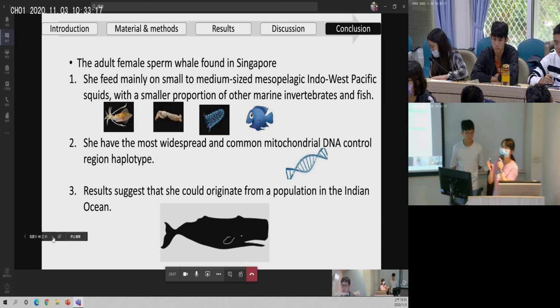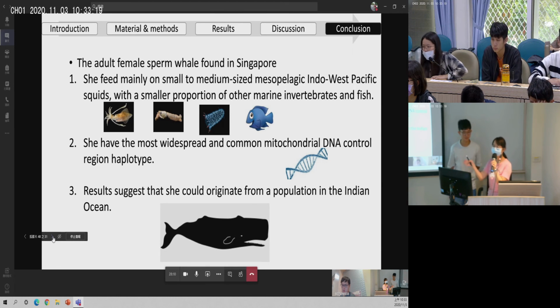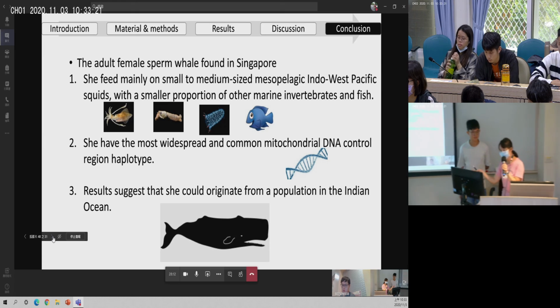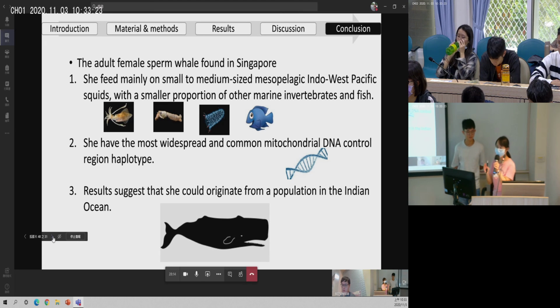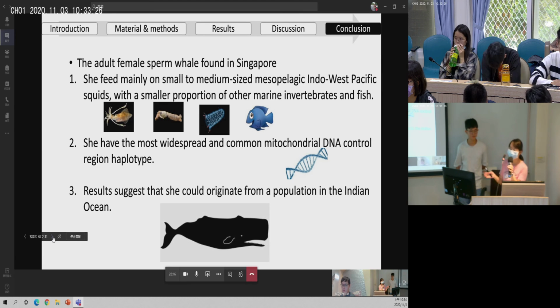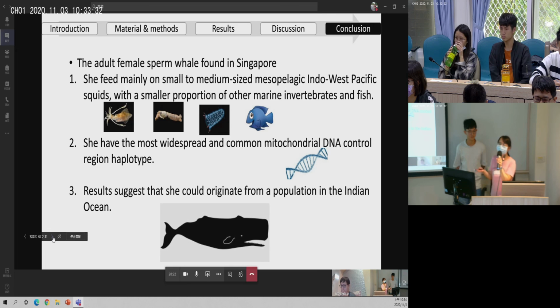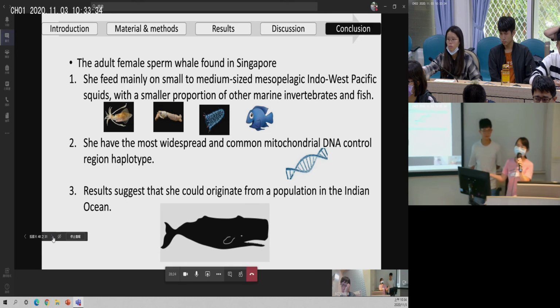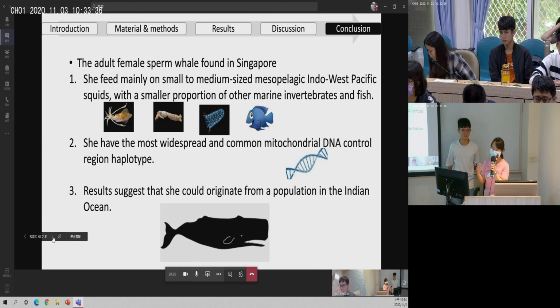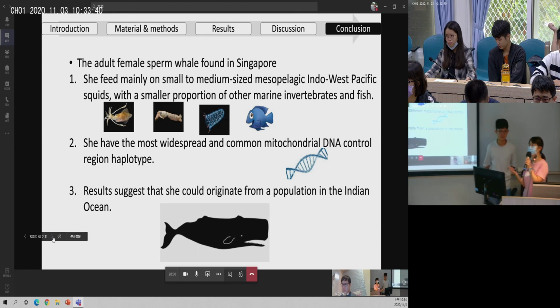Because this is used to divide different populations of sperm whales. That might not be that easy to do with chromosomal DNA, because that was my question. Why don't they just use chromosomal DNA? Why do they want to use mitochondrial haplotype, which is completely new to me?